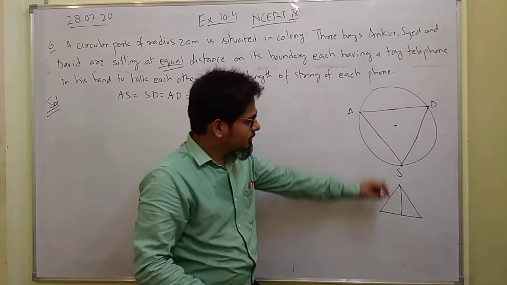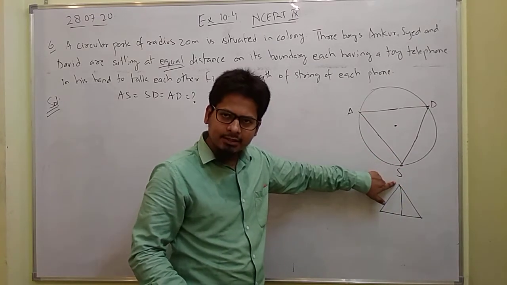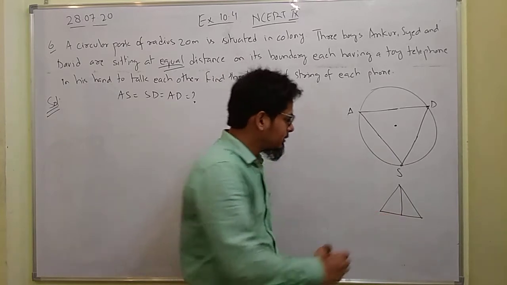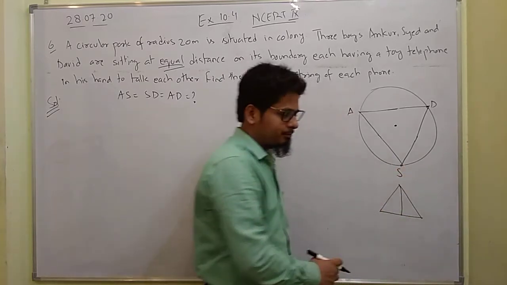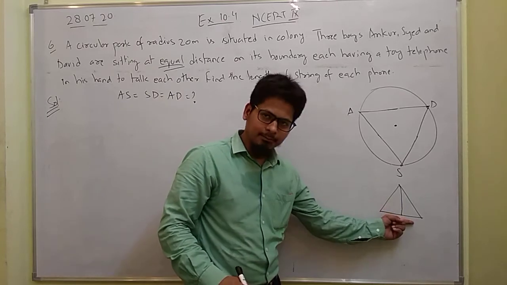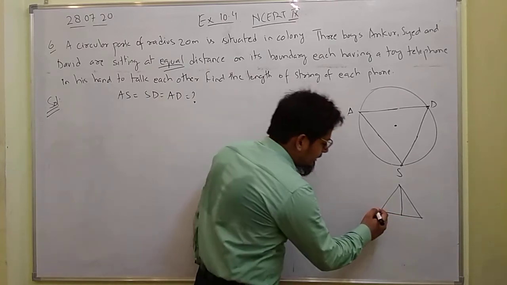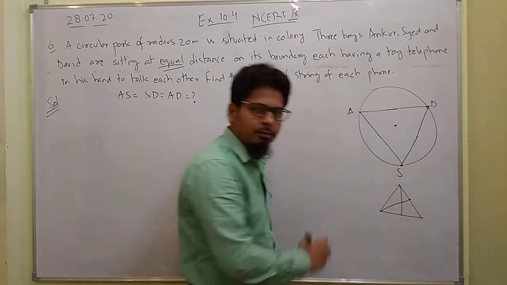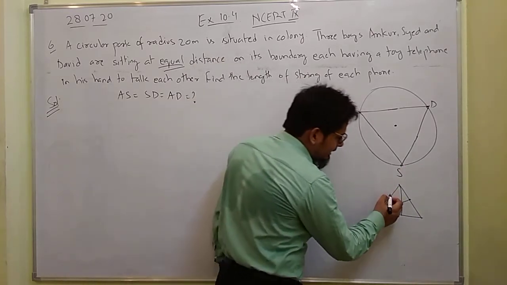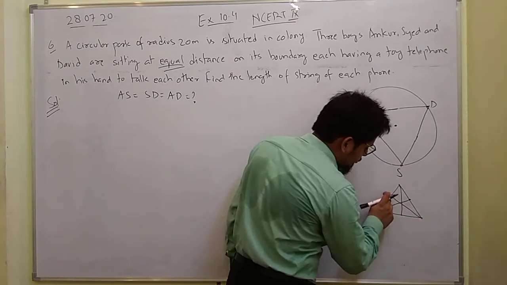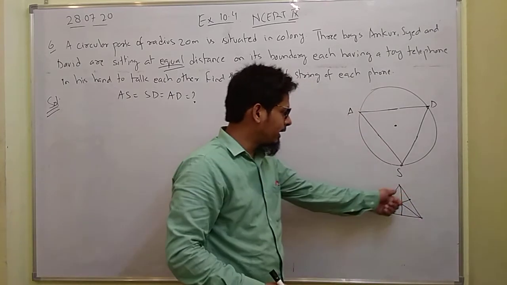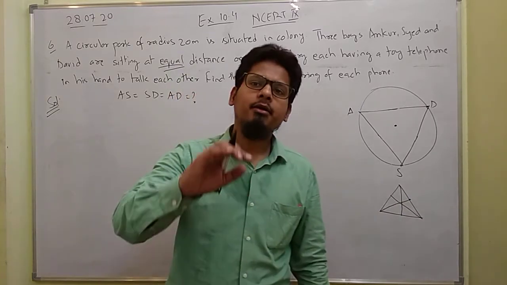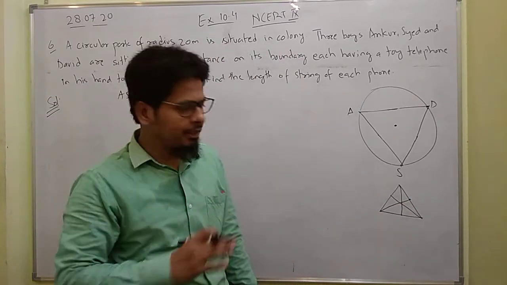A line joining the vertex and the opposite side of the triangle, right? So this is called a median. This line bisects this side, and in the same way I draw this. It is also a median, and this line is also a median, right? So all 3 lines that join a vertex and the opposite side are medians of the triangle.